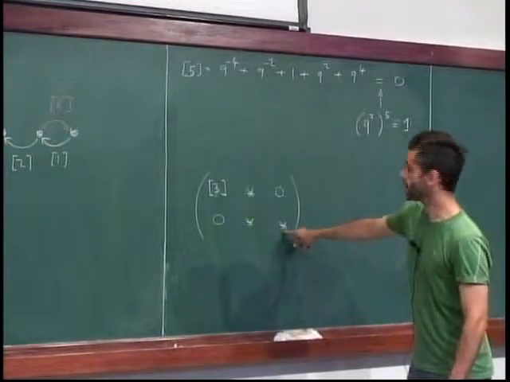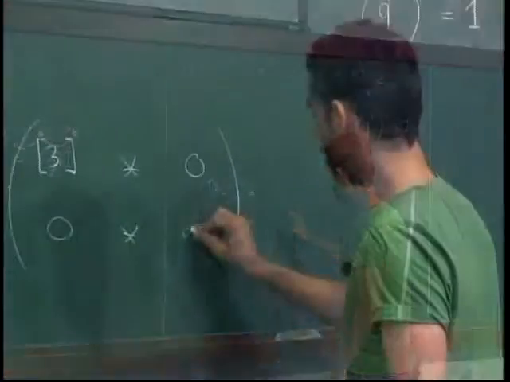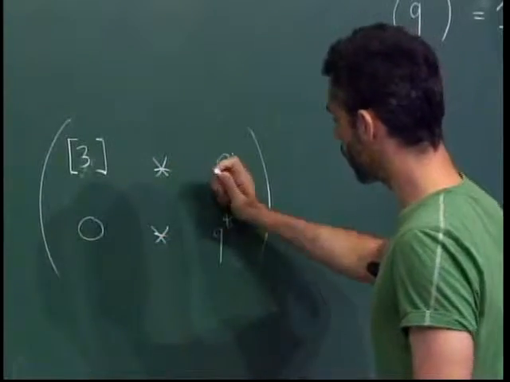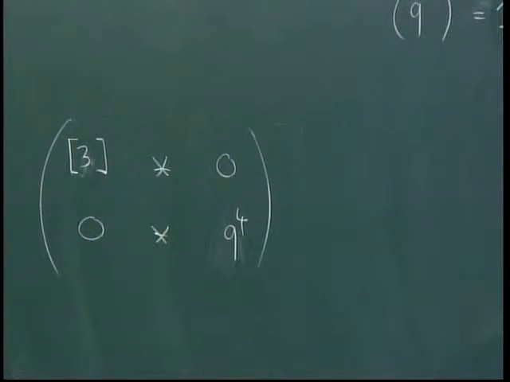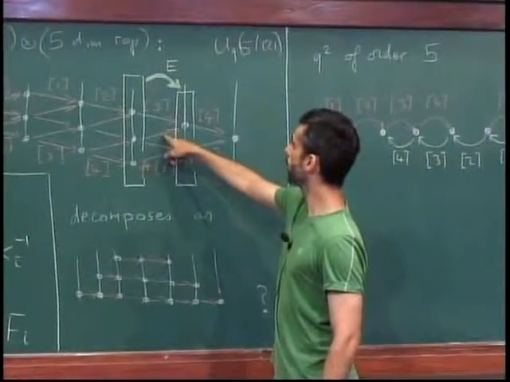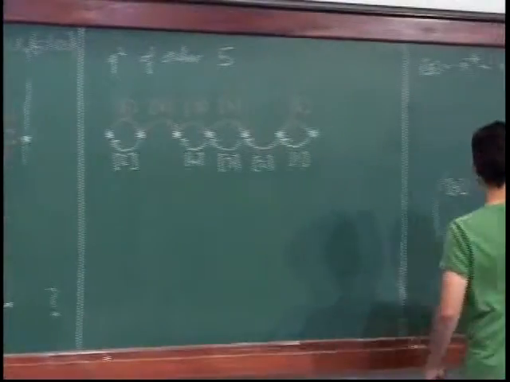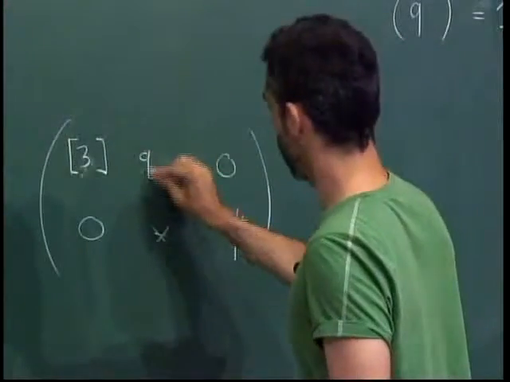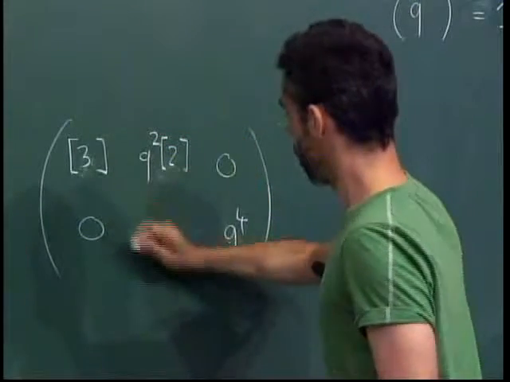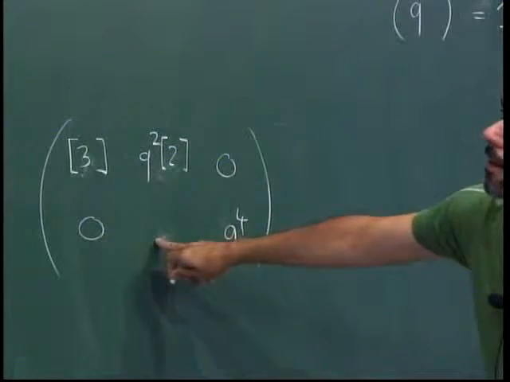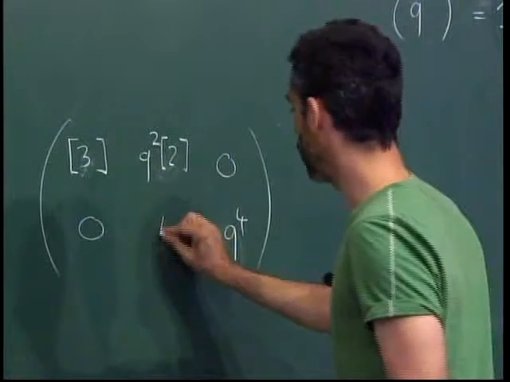That one down there is q to the 4th quantum 1, well, that's just q to the 4th. What is this? This is q squared times quantum 2. And that one there, finally, is quantum 4.